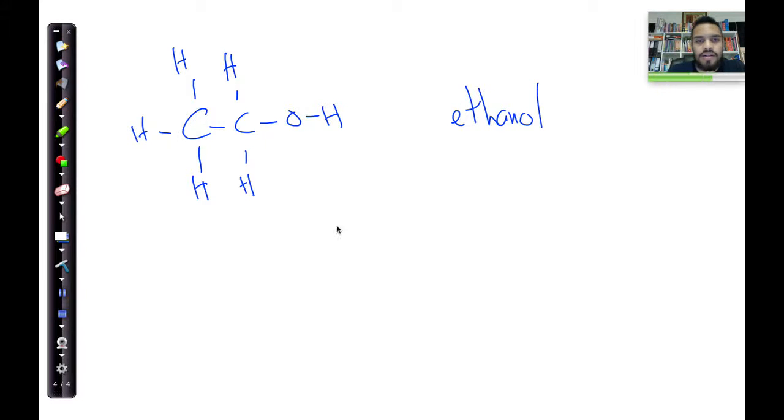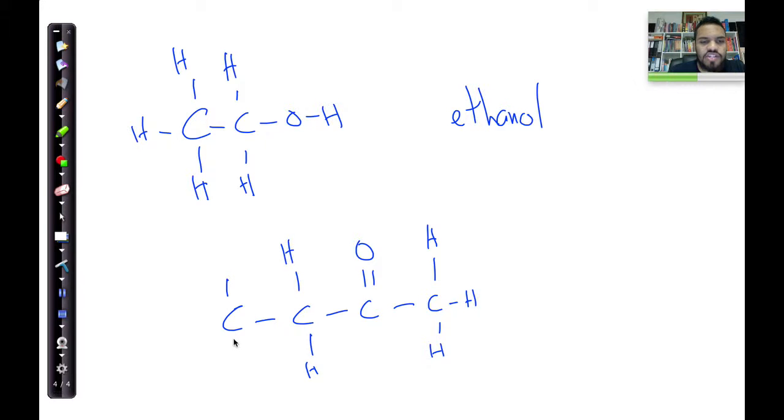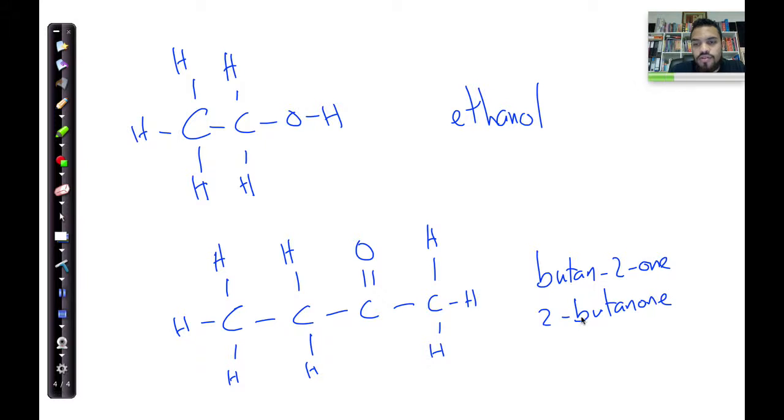And this is another molecule over here, and you can see some things look different and special about these molecules. They're not ordinary simple organic compounds where you just see hydrogens and carbons and that's it. They're not just hydrocarbons. This one over here is 1, 2, 3, 4, butan-2-one, or 2-butanone. It's got two names. You can give it either, 2-butanone or butan-2-one.